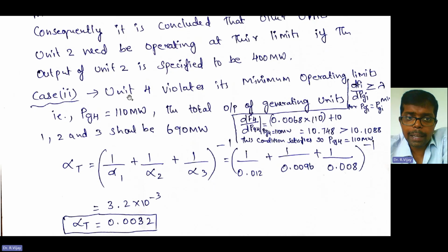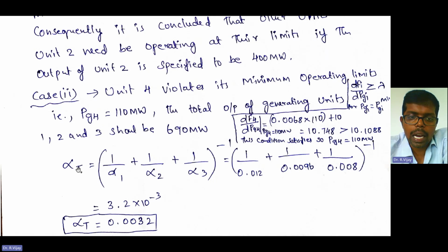By considering PG4 as 110 megawatt, again we need to frame the incremental fuel cost. Using alpha T, we need to find the new incremental fuel cost, lambda nu. How to calculate lambda nu? We need to consider generating units 1, 2 and 3, and neglect unit number 4, because we already fixed unit 4 as 110 megawatt.